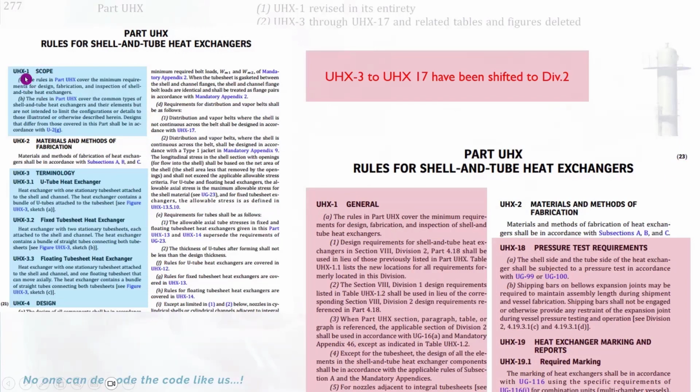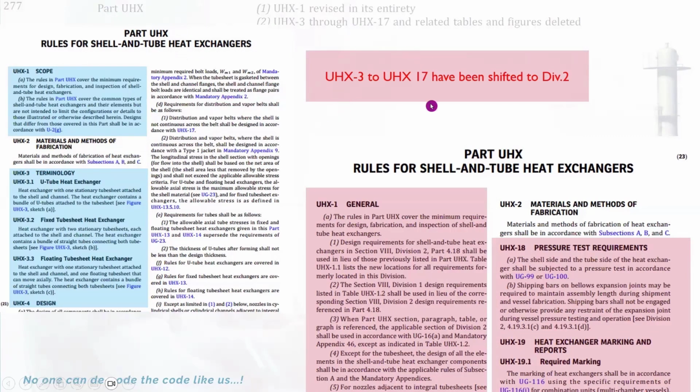So earlier UHX 1, 2, 3 till UHX 20 were there, right? And in the latest edition, UHX 3 to UHX 17 have been omitted and they have given a direct reference to division 2. So now, if you have division 1 only, you will not be able to design the heat exchanger.